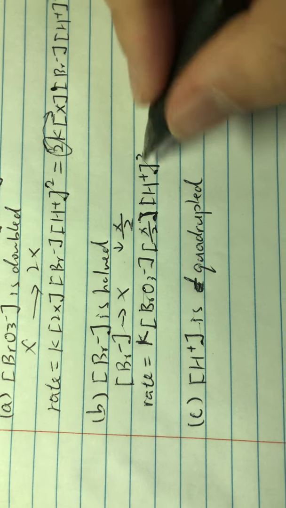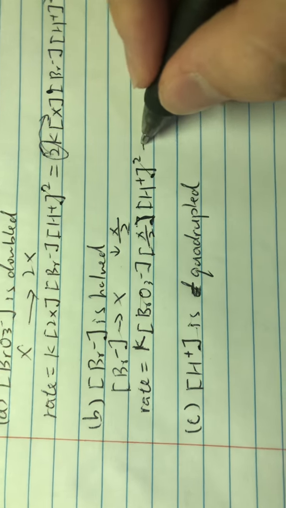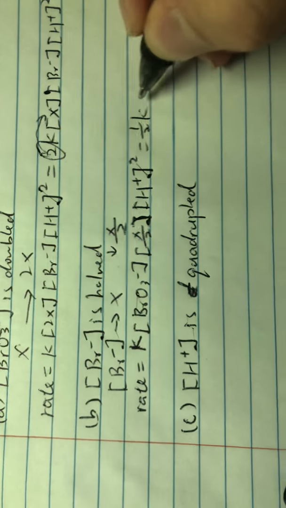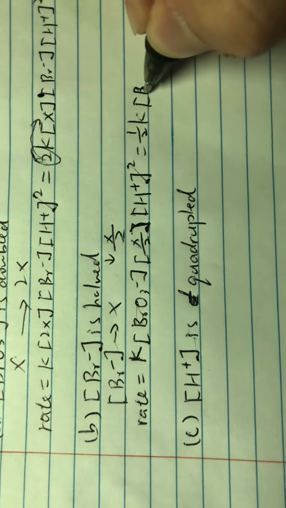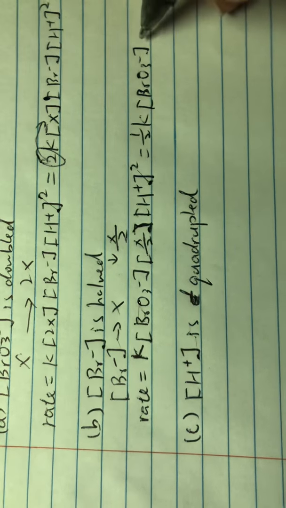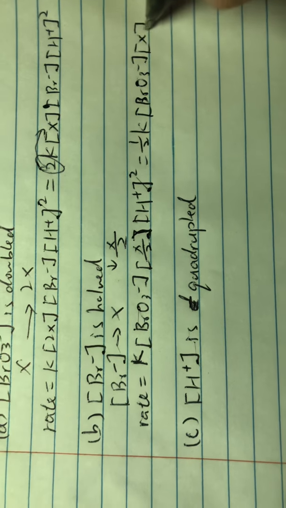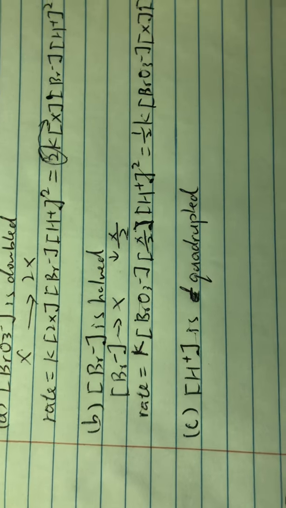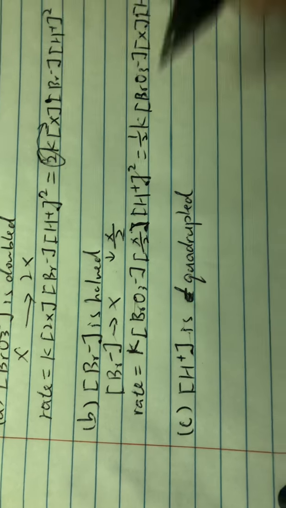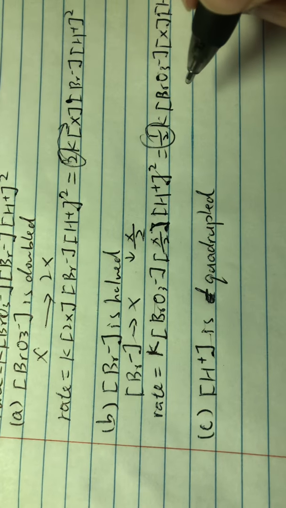So as you can see, if we take the 1/2 out, it's going to equal 1/2 k times the concentration of BrO3 minus, then the concentration of x, and then the concentration of H plus squared. If you look at this coefficient, it's 1/2.